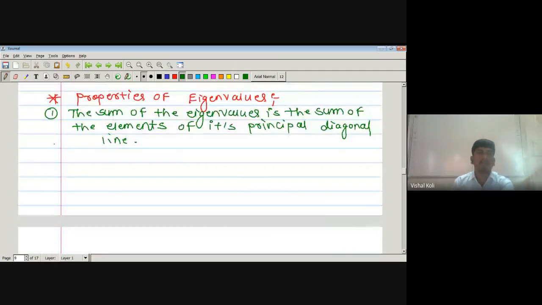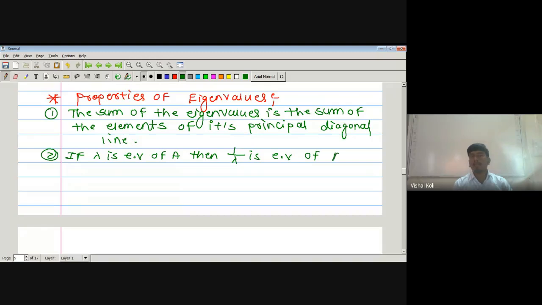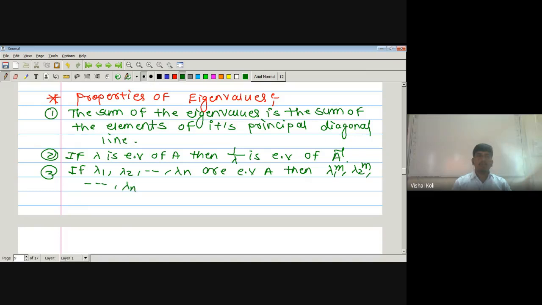Now, second property will be, if lambda is an eigenvalue of a matrix A, then 1 upon lambda is an eigenvalue of matrix A inverse. Okay. Third one, if lambda 1, lambda 2 up to lambda n are eigenvalues of matrix A, then lambda 1 to the power m, lambda 2 to the power m up to lambda n to the power m are eigenvalues of A to the power m.